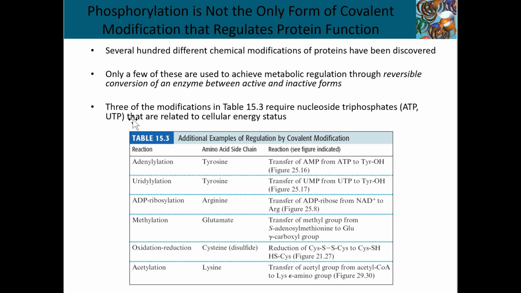So these can include adenylation, uridylation, methylation, oxidation reduction, which can be your cysteine residues, and acetylation, and complexation with ADP ribosylation. Methylation, very common. Redox, very common for cysteines. Acetylation, very common. Adenylation and the others, a little less common, but all very, very important depending on the system you're studying.